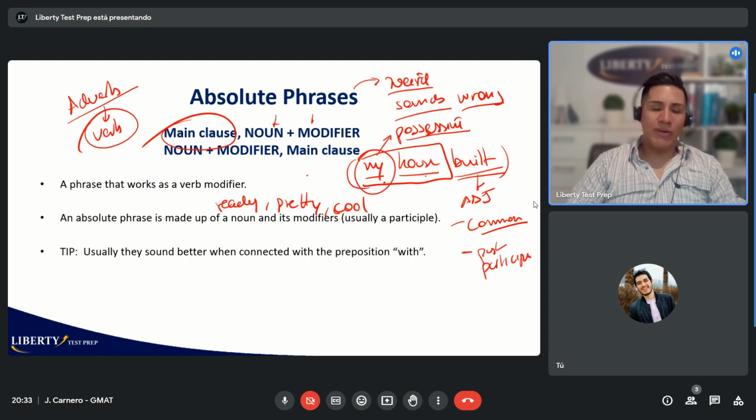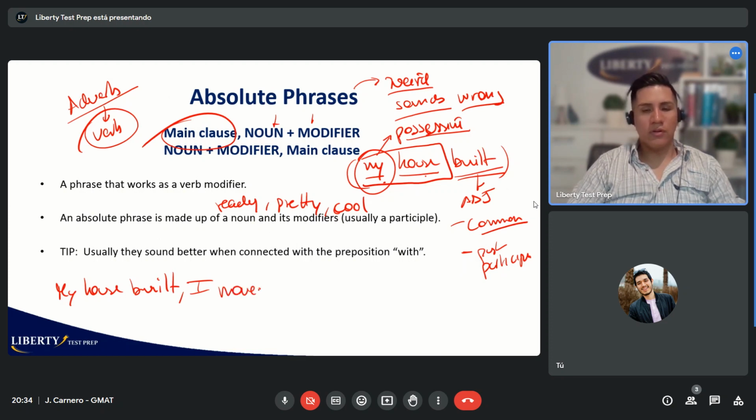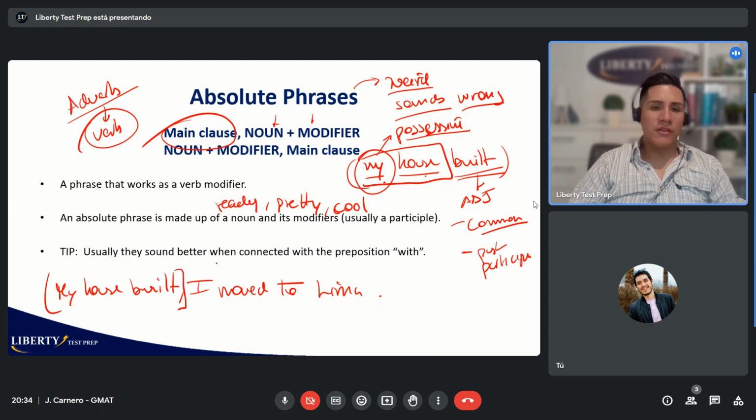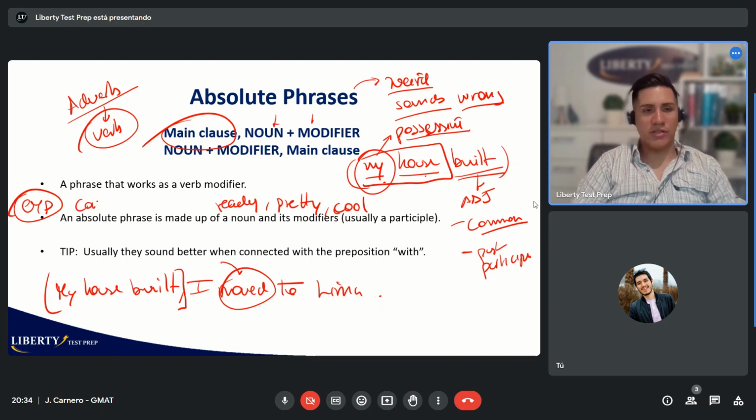You can put it either after or before the main clause. Example: my house built, comma, I moved to Lima. Now, what is this doing? If you have an absolute phrase, it modifies the verb in the main clause. What information is it supposed to give you? Two types: either an explanation of how that happens, or a context.